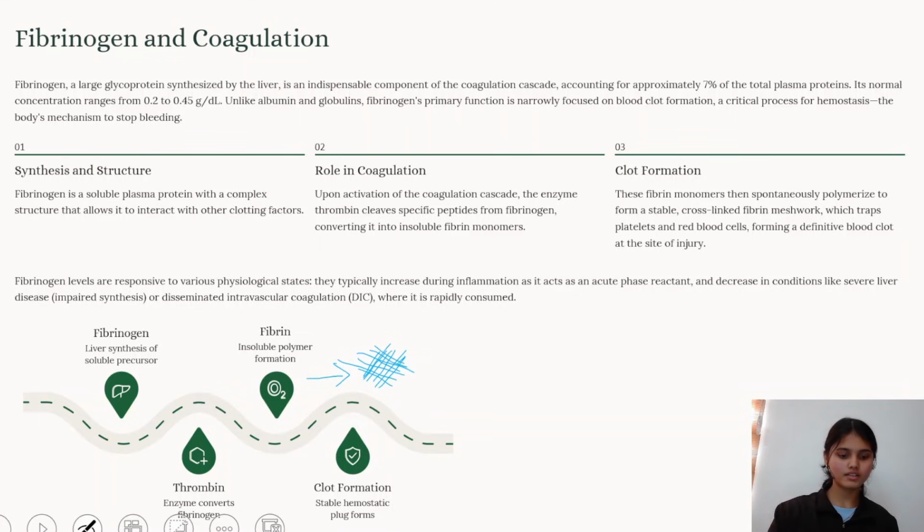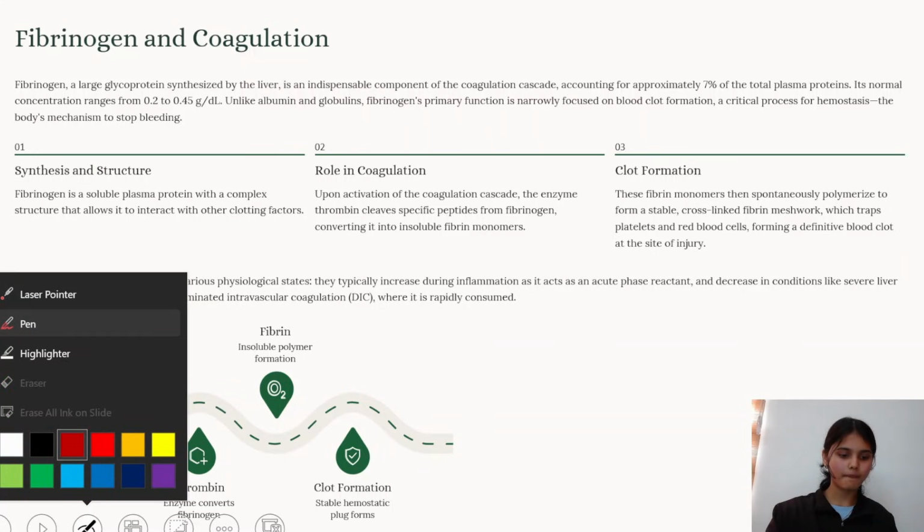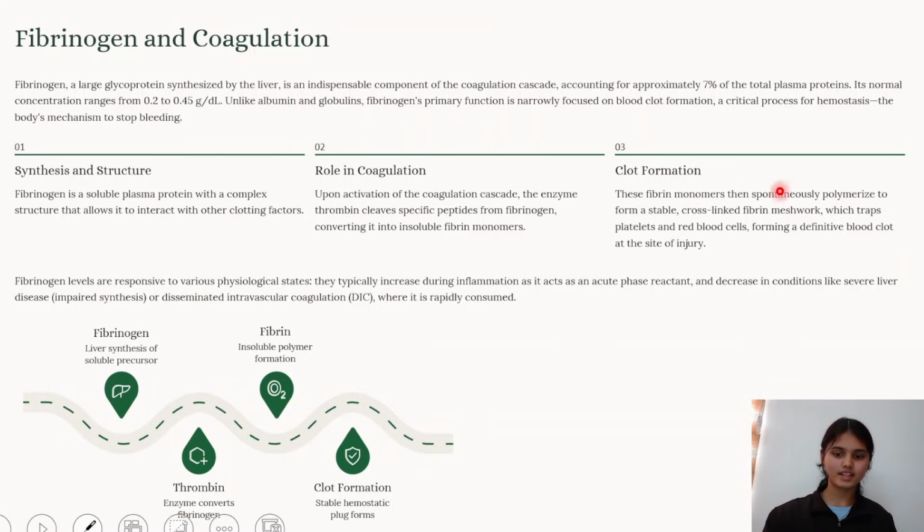Because this clot is formed on the area of the wound, it prevents the leakage of the RBCs and the platelets, and therefore your wound is sealed. So fibrinogen gets converted into fibrin due to thrombin and results in clot formation. That is the synthesis and structure, role in coagulation, and finally the formation of the clot.